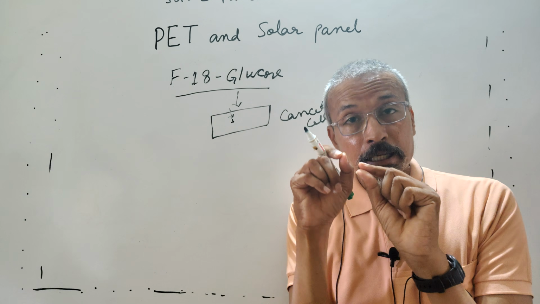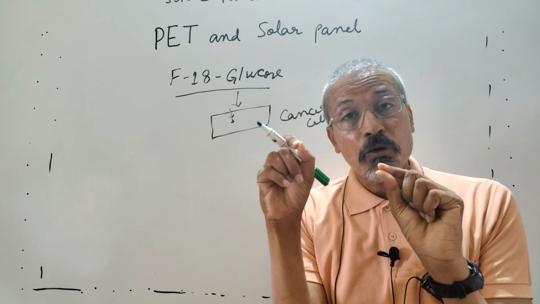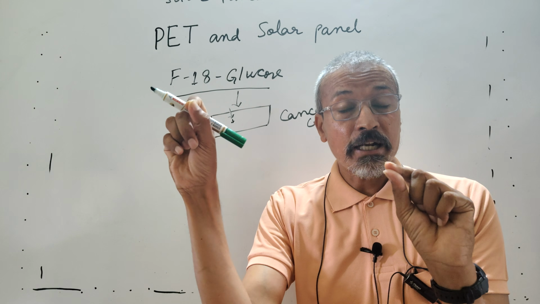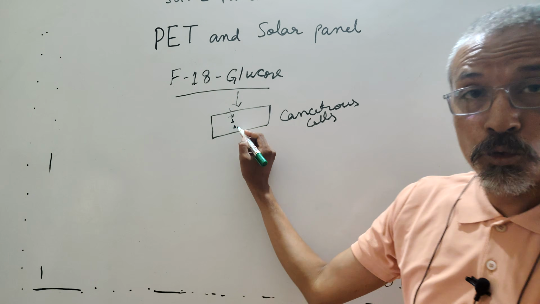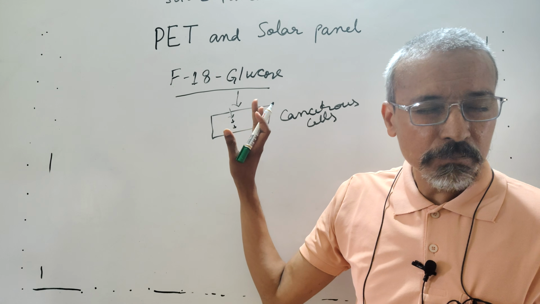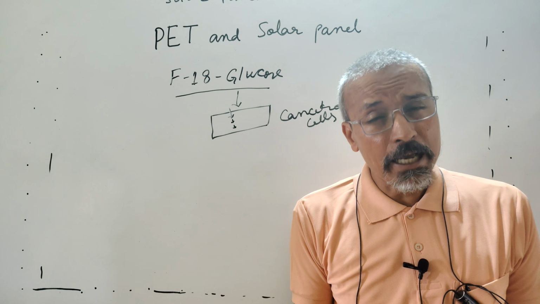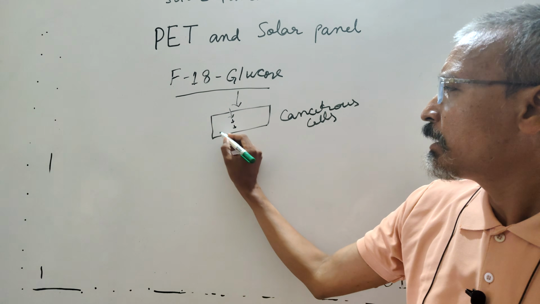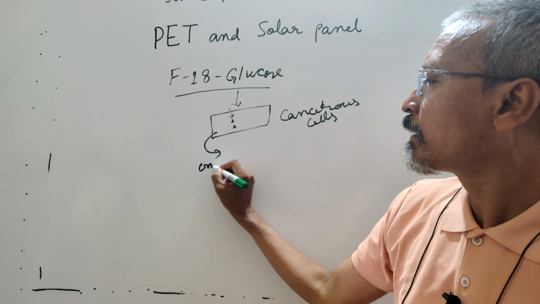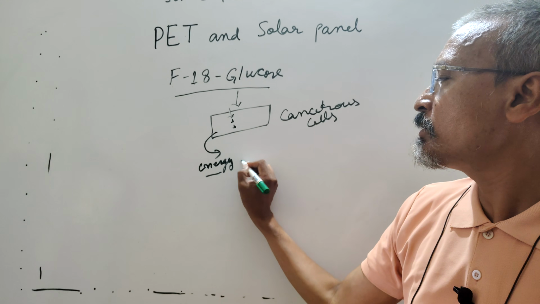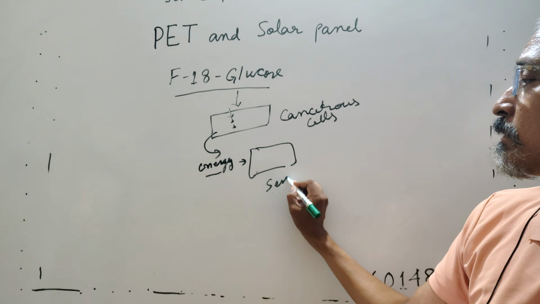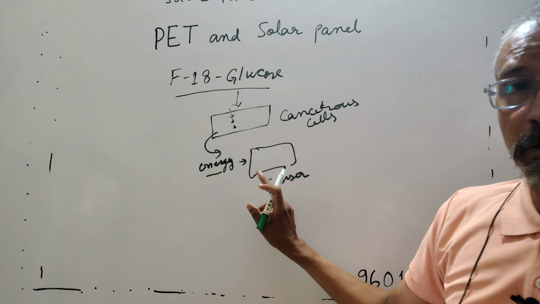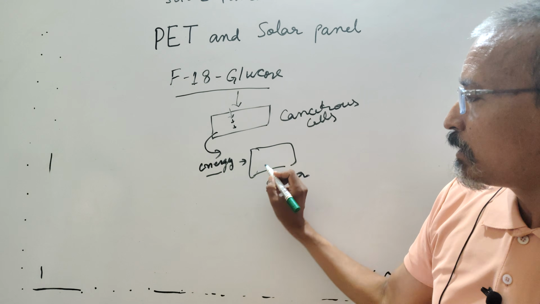So that positron will traverse into the tissue. While traversing, these positrons will release energy. That energy is sensed by a sensor.